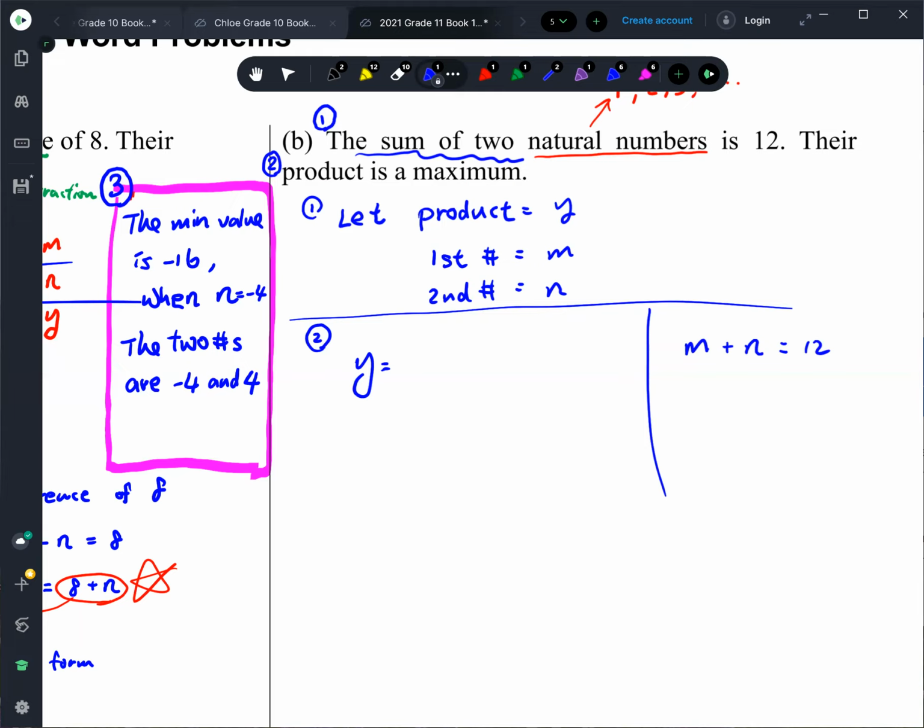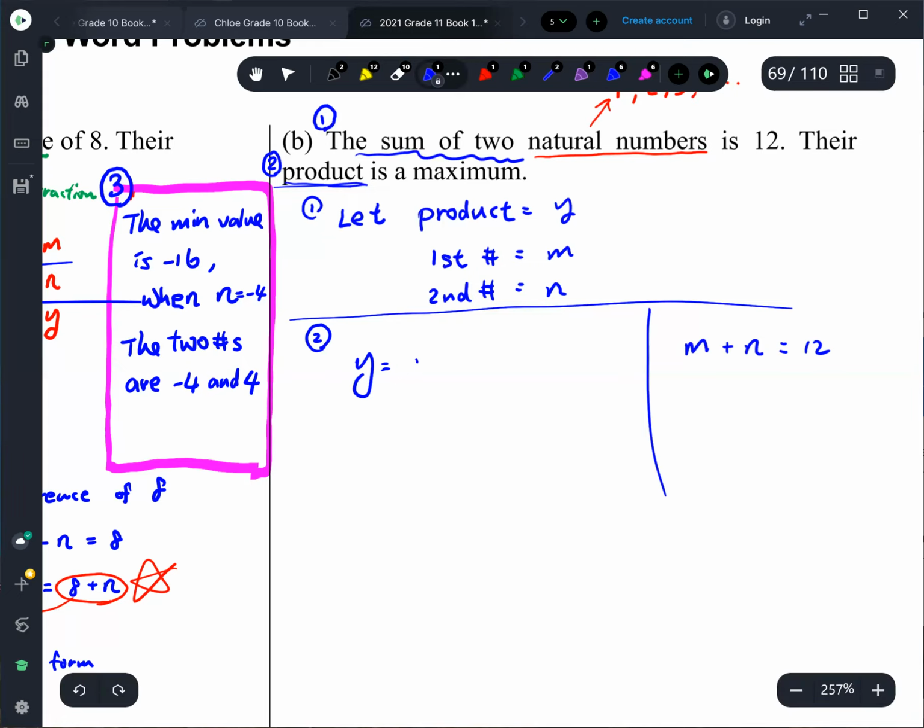And then the other sentence tells you the product. Product means the answer of a multiplication. Okay, and what are we multiplying together? M and N. So Y equals what times what?